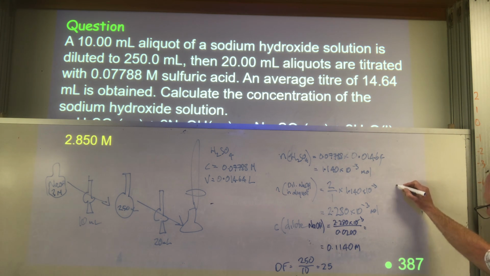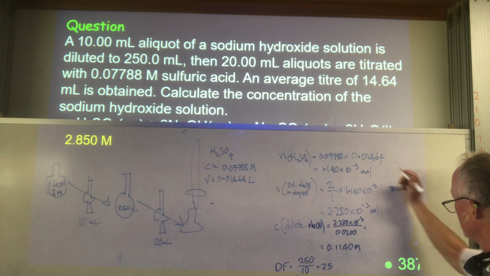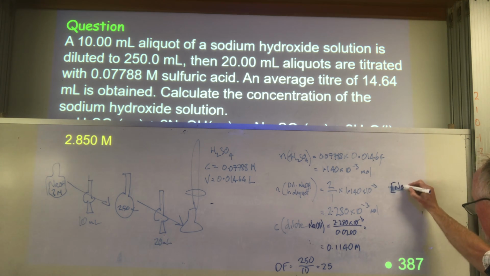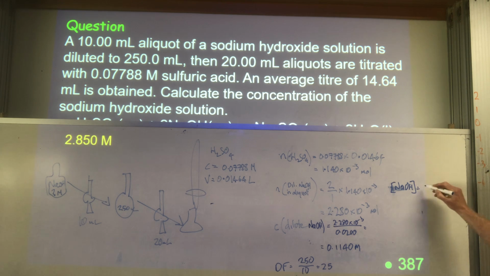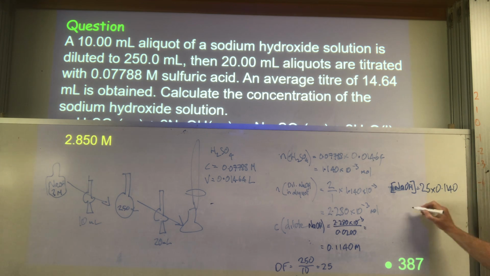So our original concentration of sodium hydroxide equals 25 times 0.1140, which is 2.850 as it says there.